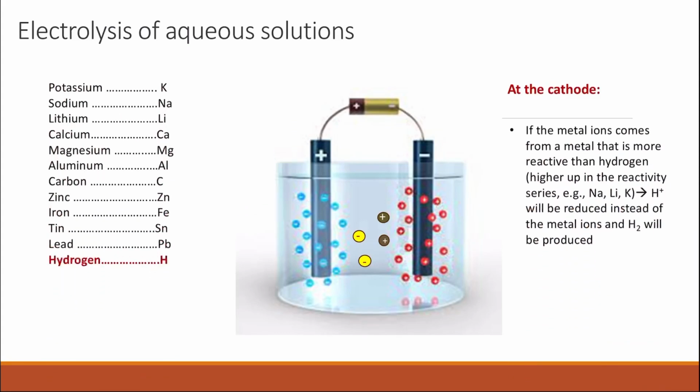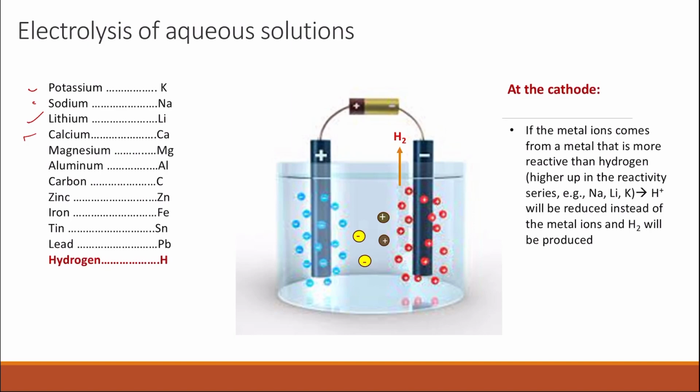So if the metal ion comes from a metal that is more reactive than hydrogen, which means it's higher up in the reactivity series than hydrogen, something like potassium, sodium, lithium, calcium, and so on, then the hydrogen ions will have the preference to be reduced at the cathode. So the hydrogen ion is the one that's going to react, and then hydrogen as an element will be produced at the cathode.